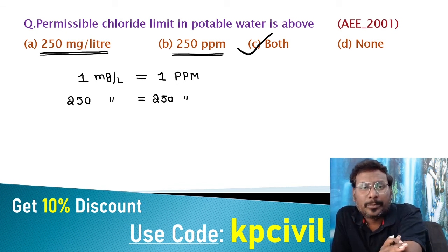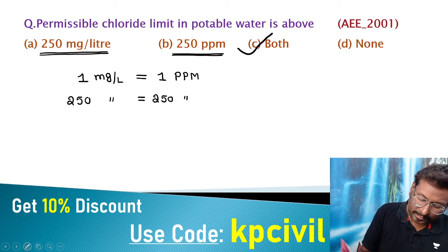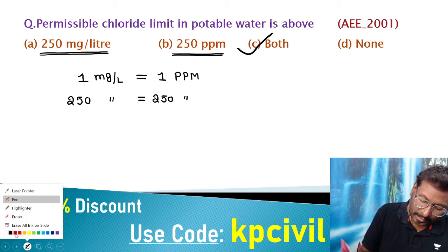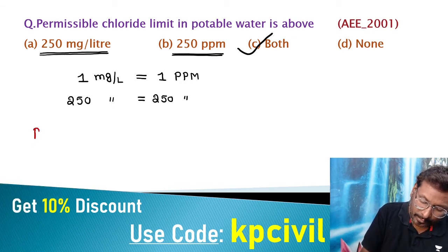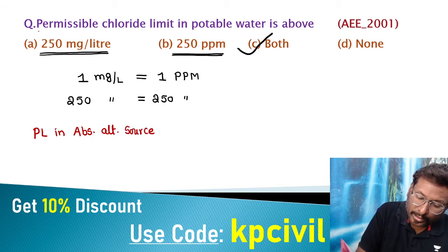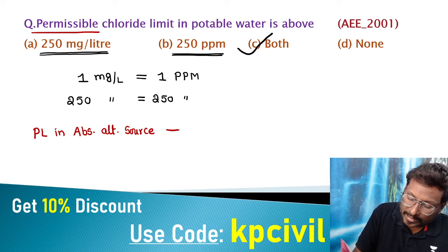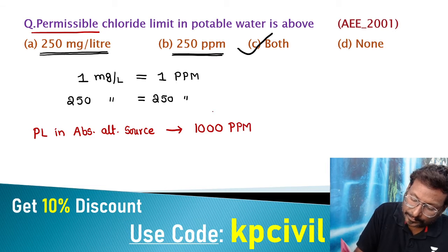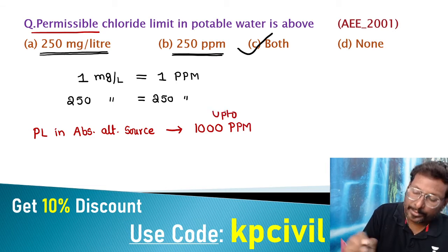So both is option C. And here you can write permissible limit in absence of alternate source. Please check, the question is only permissible. When it is asking for permissible limit in absence of alternate source, up to 1000 ppm.